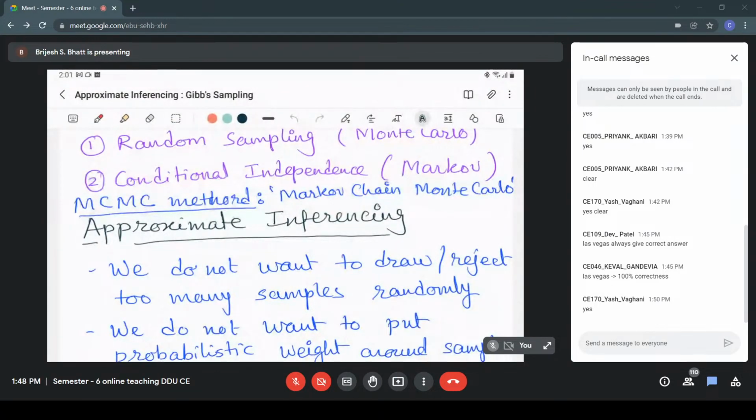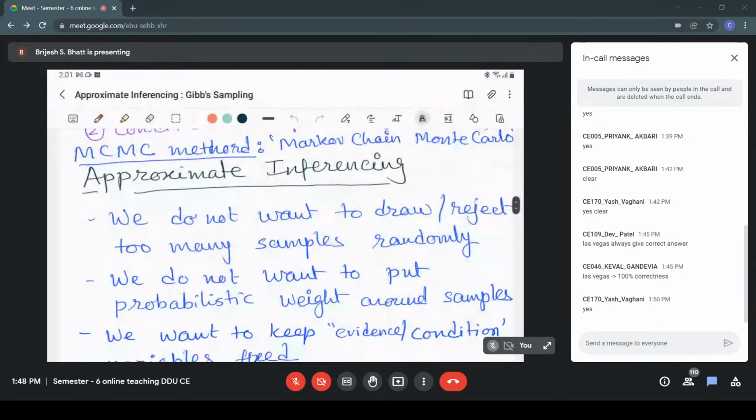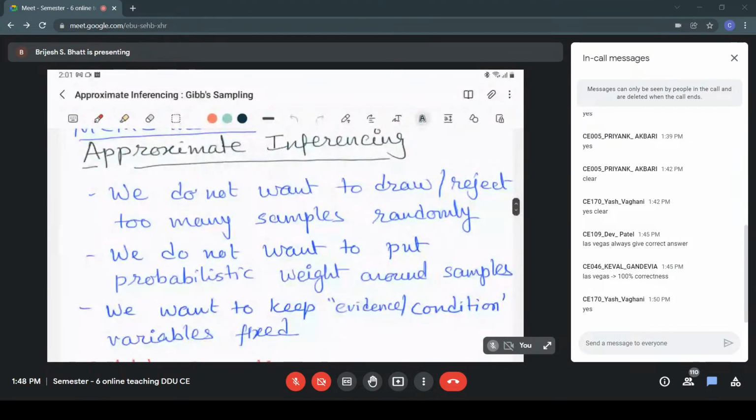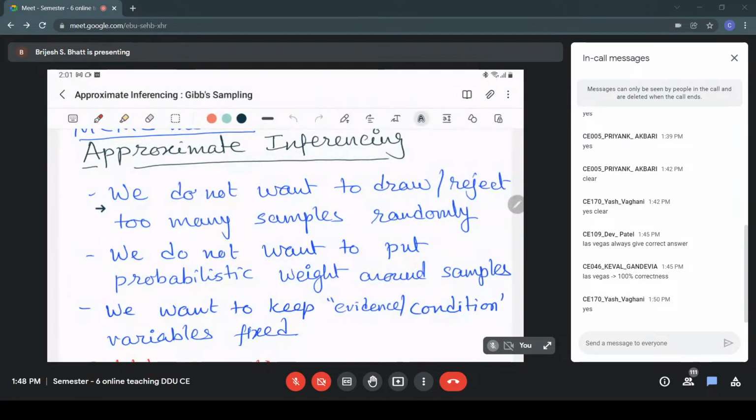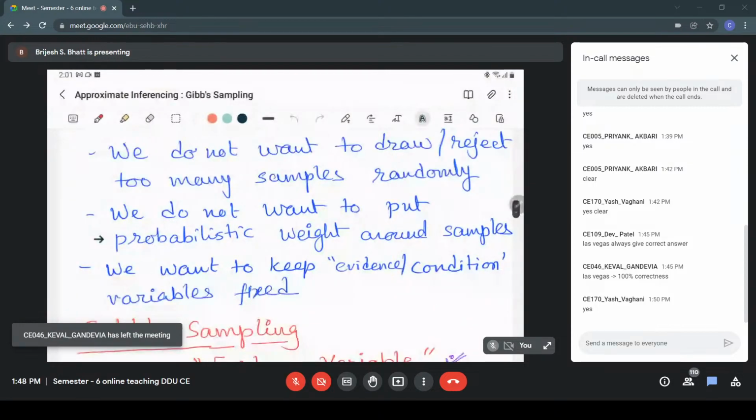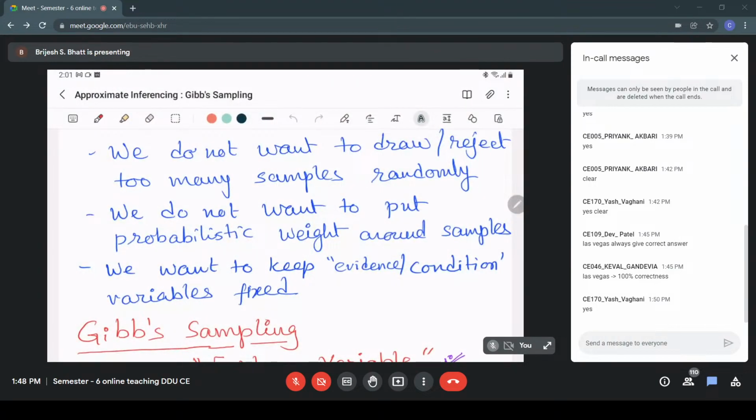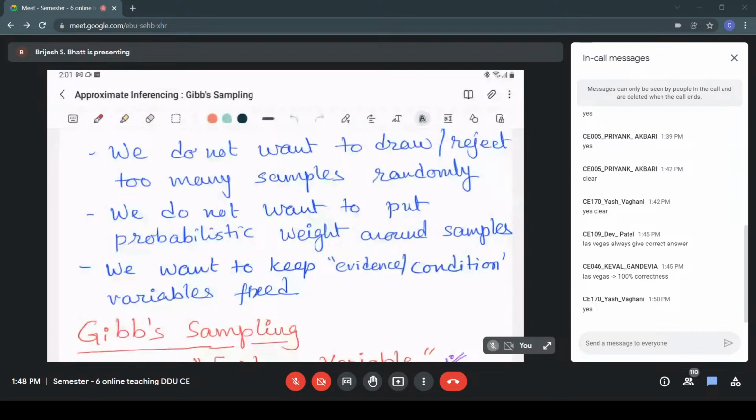So let us see why we use this method. One is we do not want to draw or reject too many samples randomly. That was our argument for rejection sampling. Second is we do not want to put probabilistic weight around samples, unlike the likelihood weighting where we were calculating probabilistic weight.